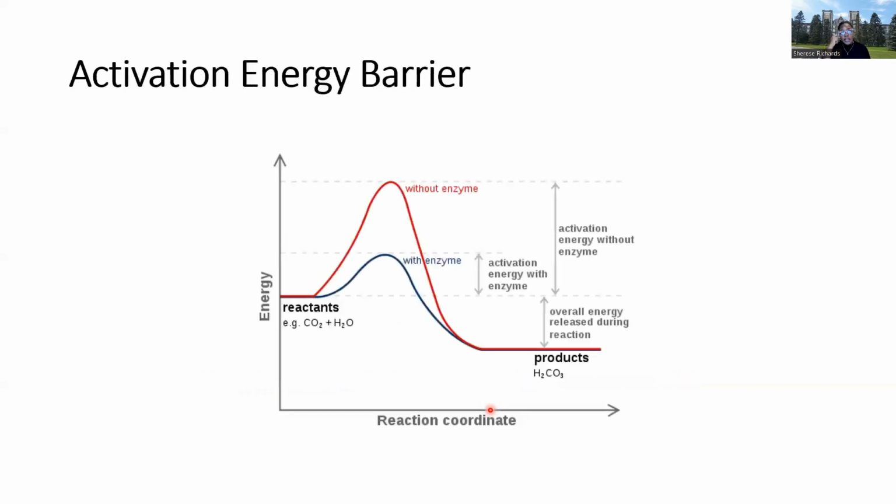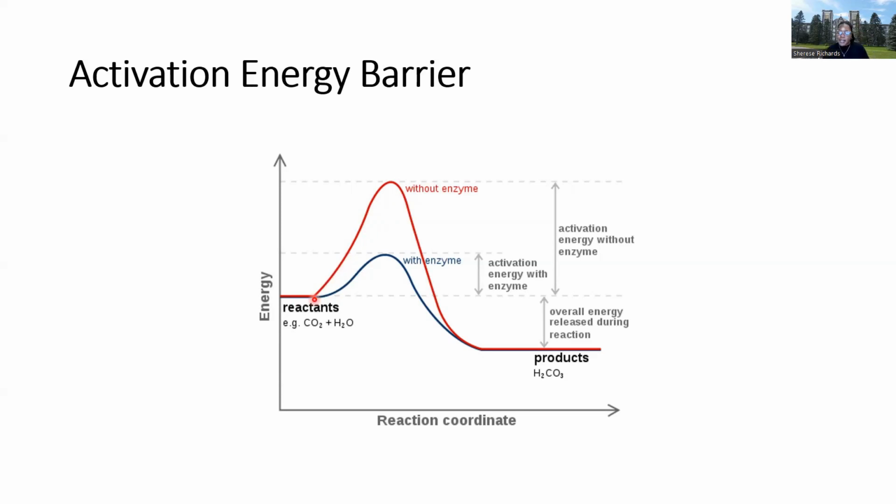Now, as far as the activation energy barrier, this is essentially comparing what the reaction looks like with the presence of the enzyme versus what it would look like if there were no enzyme present. So notice that activation energy barrier means that in order for the reaction to proceed, we need to have enough energy to drive it.